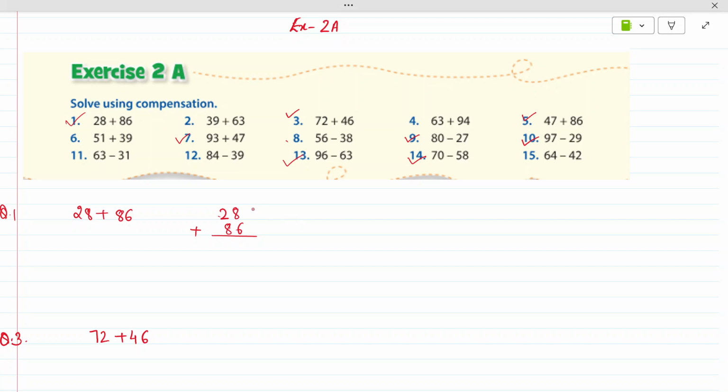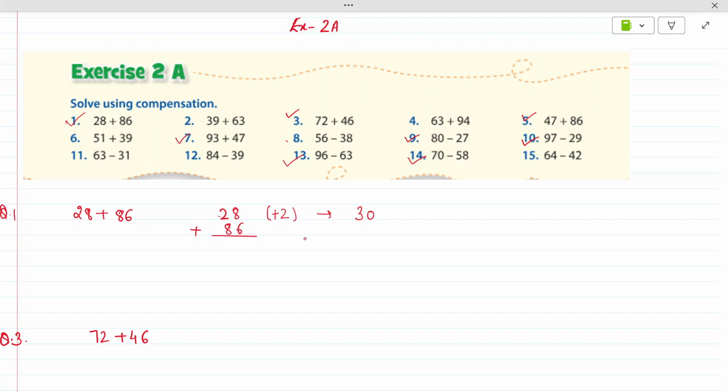So kids, we can see here that 28 is closer to 30 than 86 is to 90, because there is a difference of 2 only. So it is easier to make 28 as 30, a multiple of 10. So what we will do is add 2 to 28 and make it a multiple of 10, which is 30.